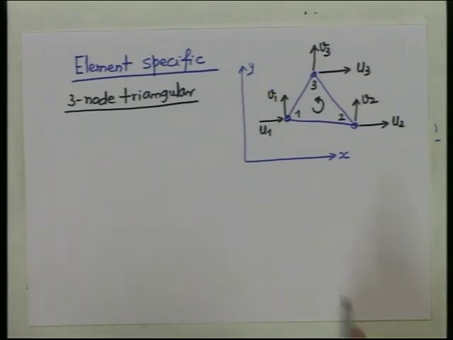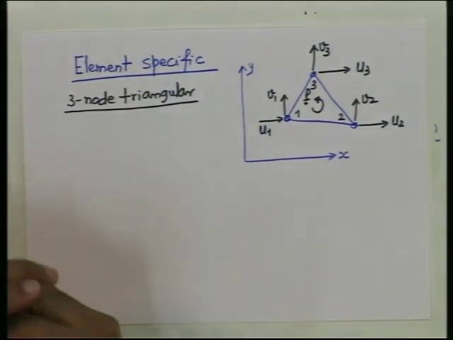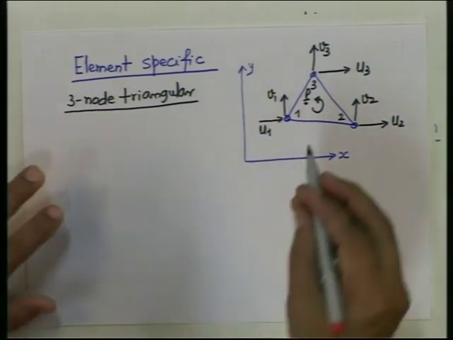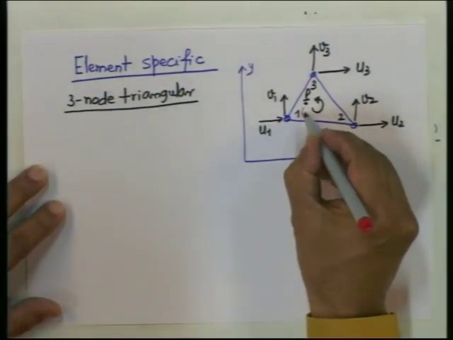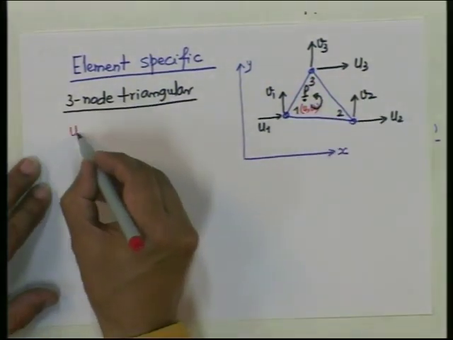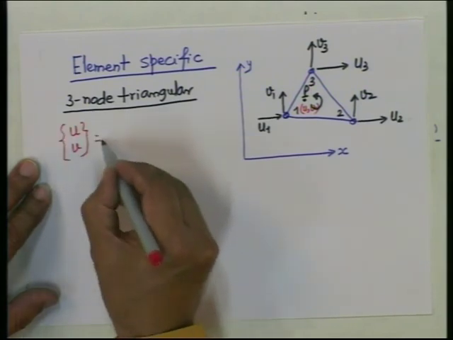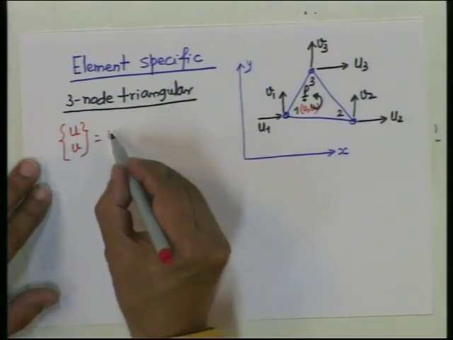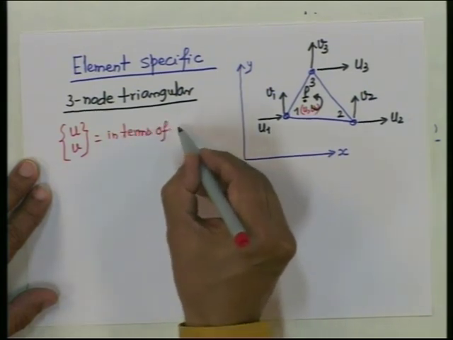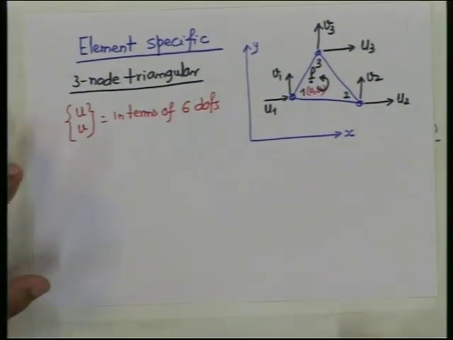You have to express these 6 degrees of freedom in terms of a particle p inside the continuum, whose displacement is only u and v, any general displacement. So, how to relate u and v of particle p in terms of the 6 DOFs, degrees of freedom?